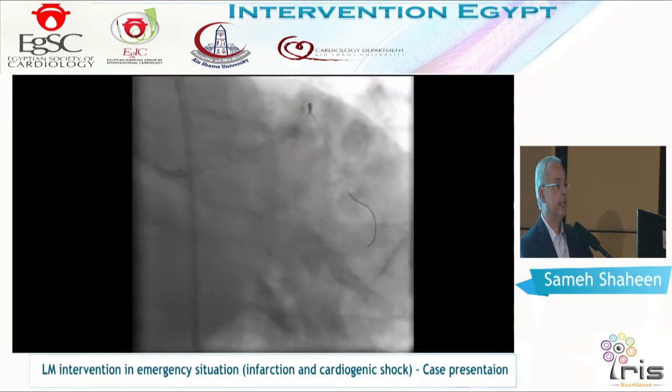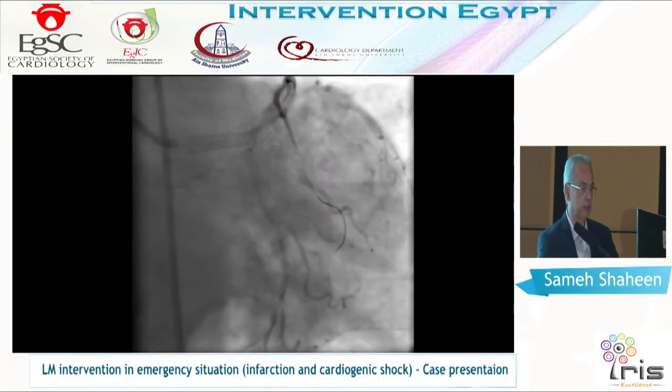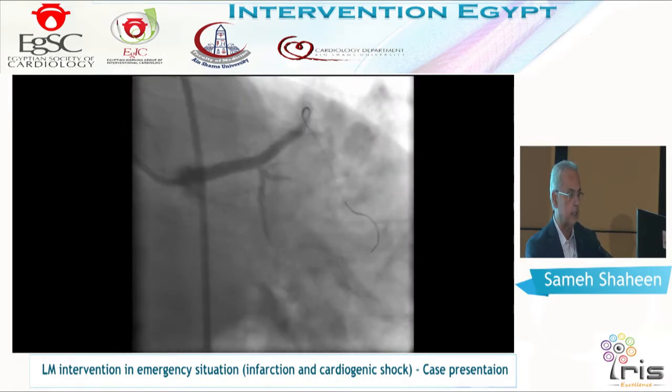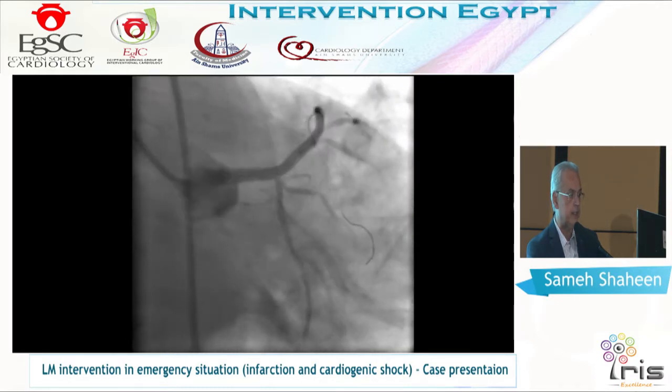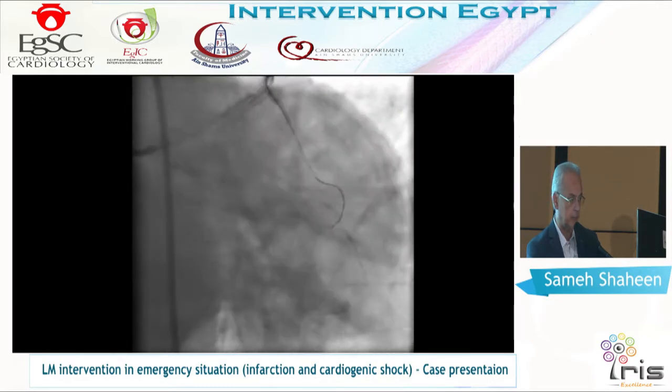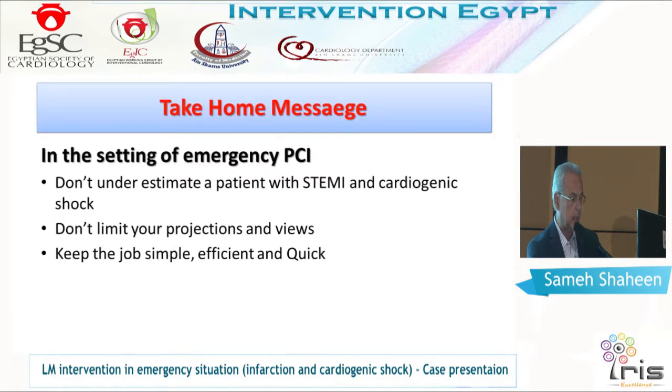So my take-home message from this short case is that in a setting of emergency PCI, don't underestimate a patient with STEMI and cardiogenic shock. Please keep some time for more projections.